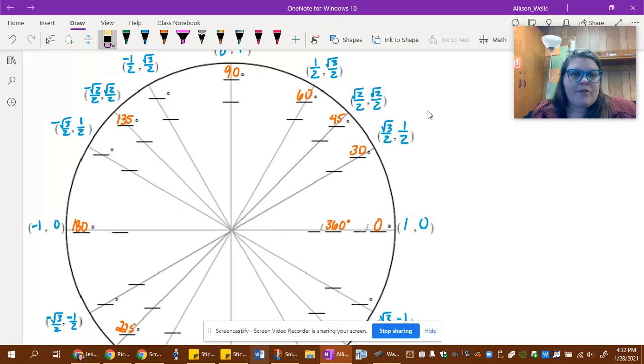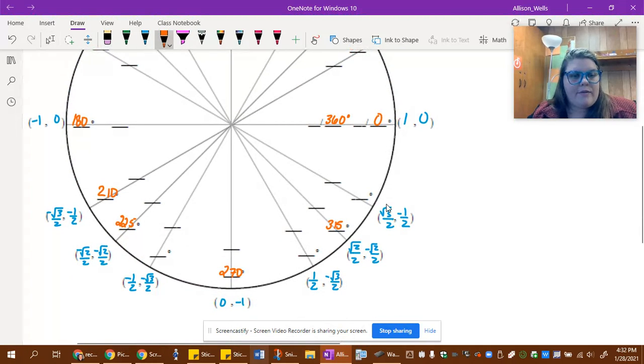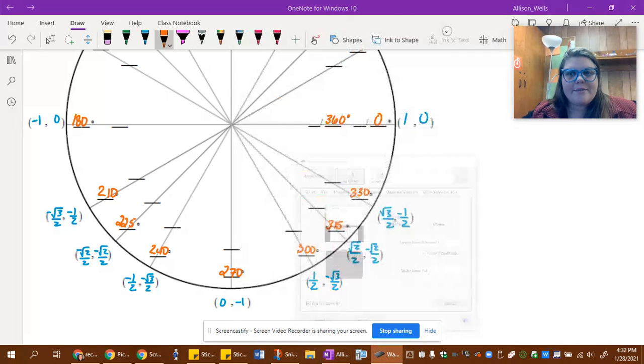So every time I go to draw one of those, it's 30 away from the last wedge of that same size. So 90 plus 30 would be 120, plus another 30, and another, and another. And each time I'm just adding 30 to the previous wedge. And we've completed our circle in degrees.